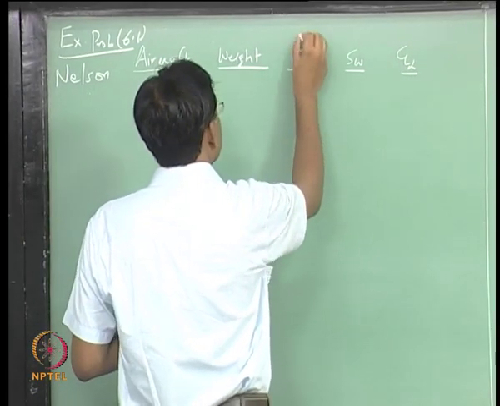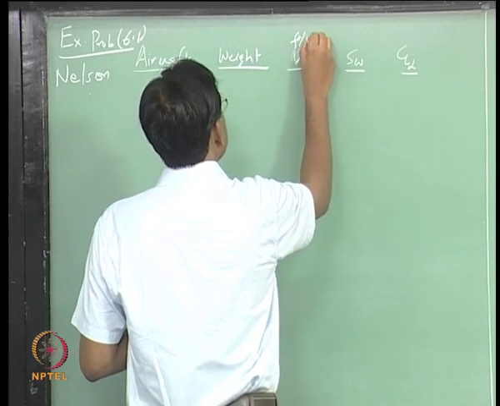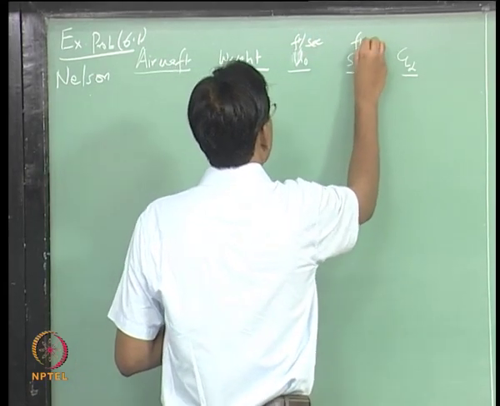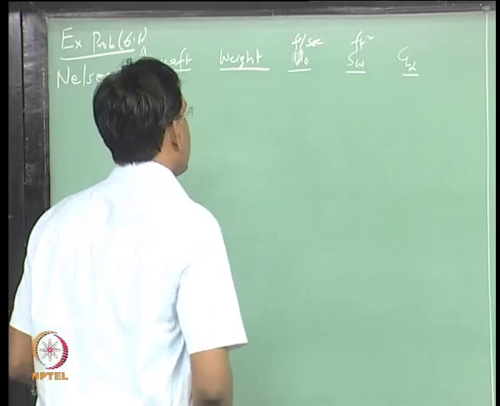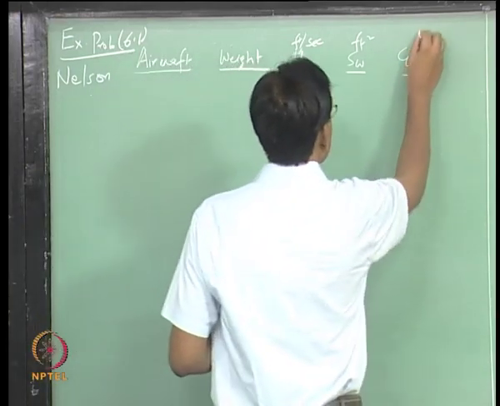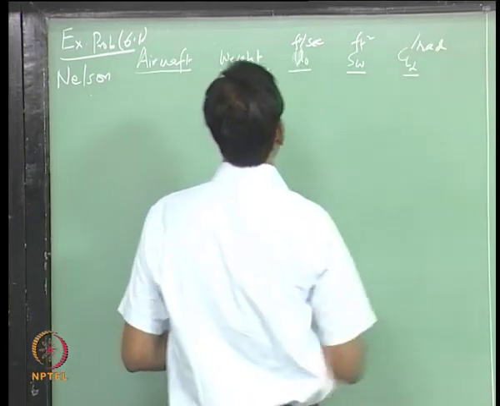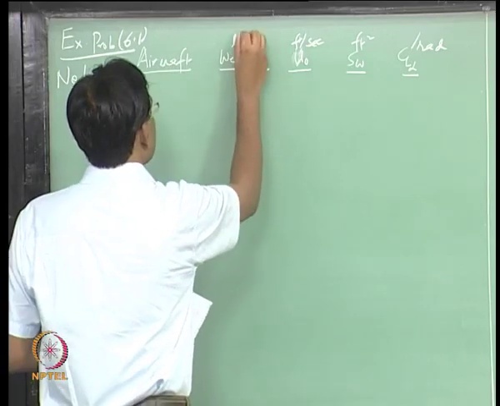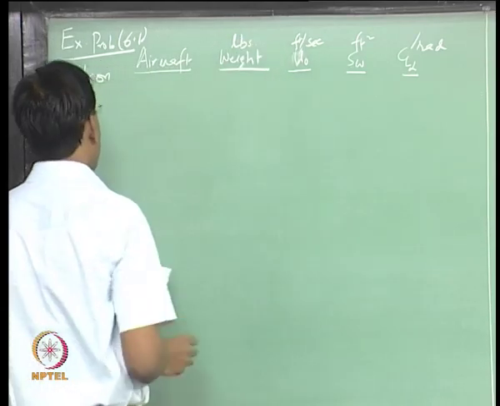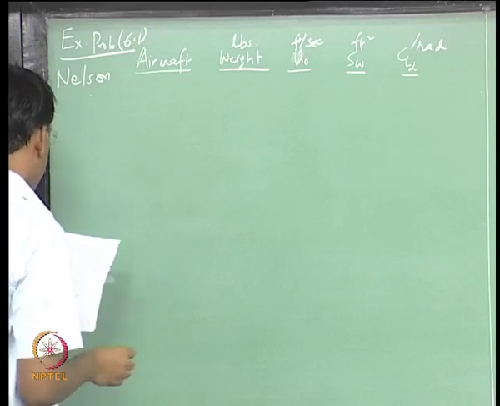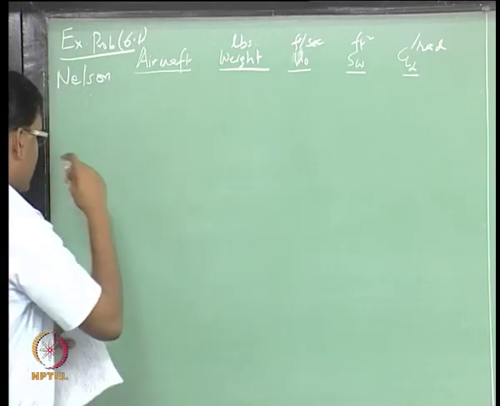The units are here feet per second, feet squared, Cl alpha is per radian, weight is in pounds, and the aircraft are two different aircraft.